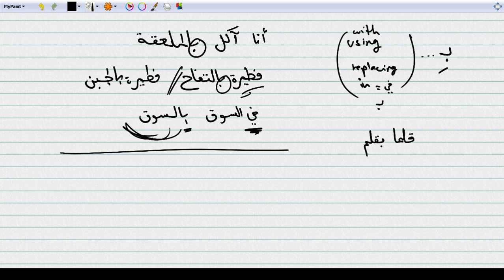The famous saying العين بالعين, an eye for an eye, right? In Arabic, العين بالعين. So in this sentence, be came in the sense of for, which is actually more of replacing something. Okay.